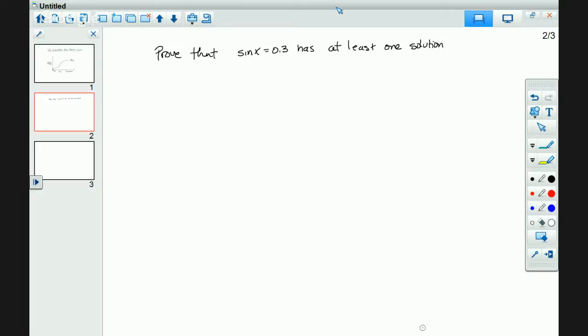You just have to show that it exists. That's what the intermediate value theorem does for us.